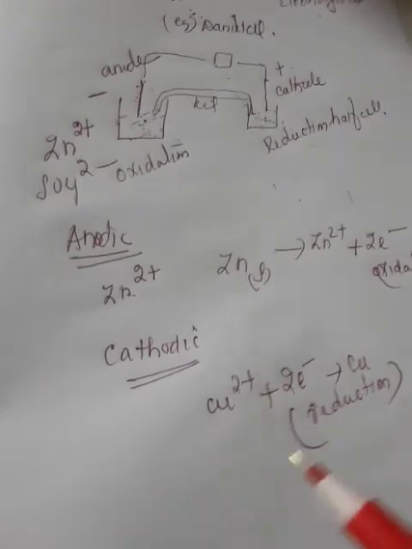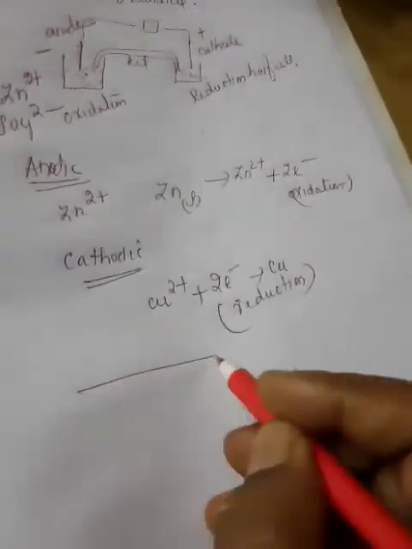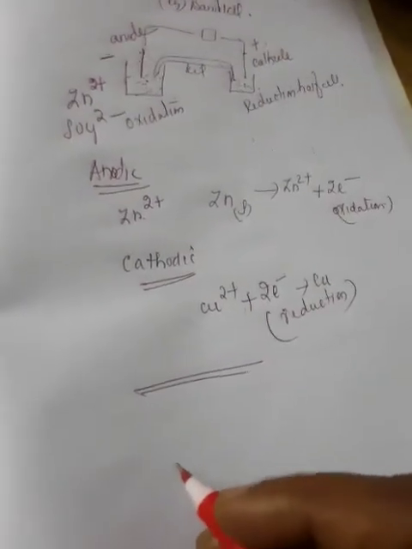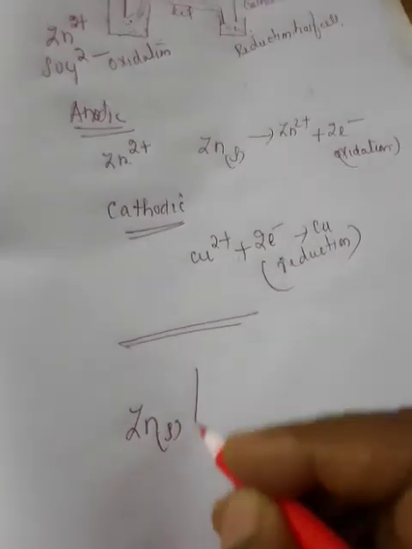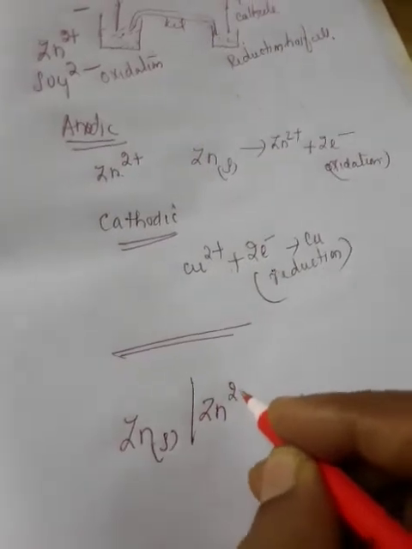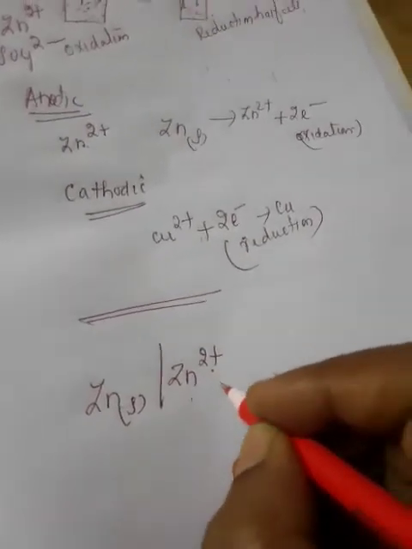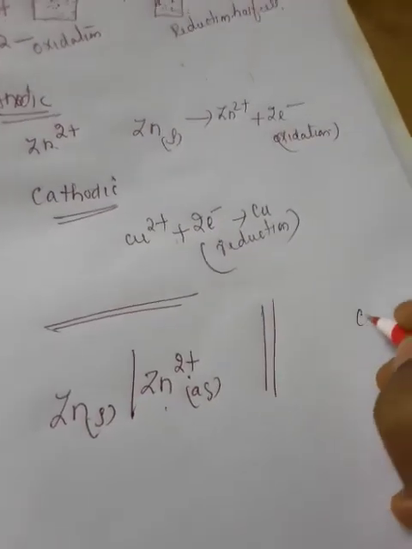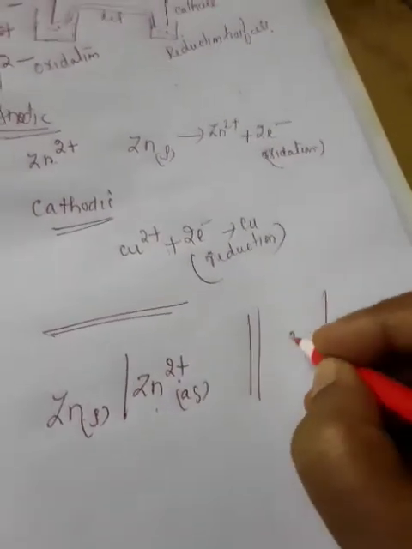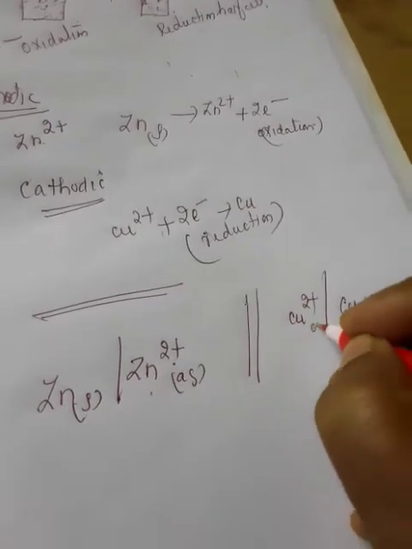Now, how will you write the galvanic cell diagram? See, cell diagram: zinc rod, zinc sulfate solution containing the zinc ions, copper rod, copper sulfate solution.